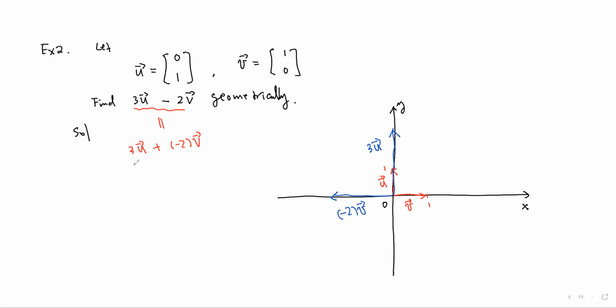Now make a sum of these two vectors. Summation. Draw a parallelogram. Through the head of -2v, draw a line parallel to 3u. And through the head of 3 times u, draw a line parallel to -2v.